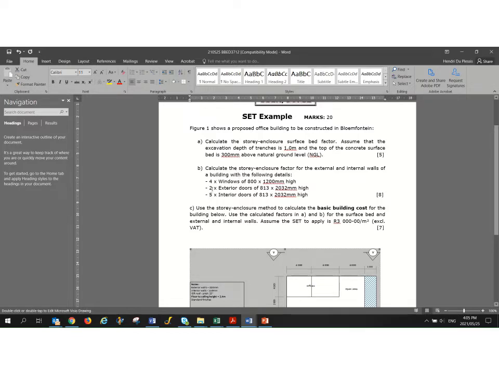Okay, and then you are given certain parameters. So you can see there's 4 windows of 800 by 1.2 millimeters high. You've got 2 exterior doors, and you've got 5 interior doors for this specific drawing. So that is question 2, or B.